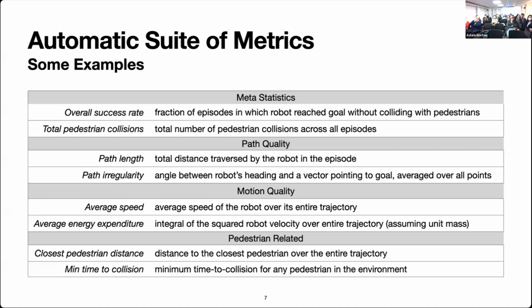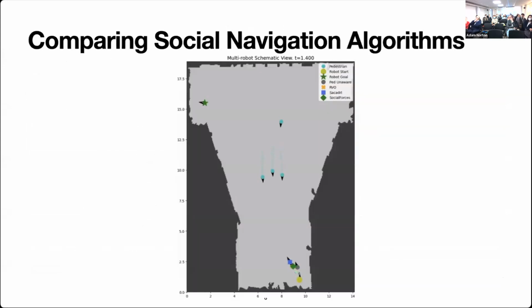We have a number of different simulated situations where we can compare these different algorithms. So here's an example of comparing 4 different algorithms. The teal, light blue circles are pedestrians.